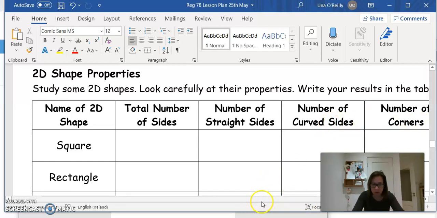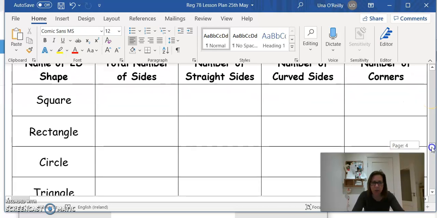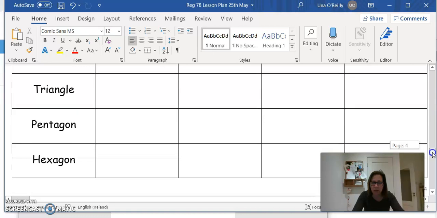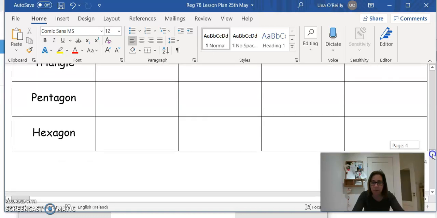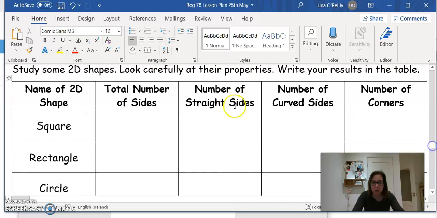So let me flick over to the bottom of this as well. Yeah, number of corners, okay? In each of the shapes listed here, a square, a rectangle, a circle, a triangle, a pentagon, and a hexagon. So you can give that a go. I'll just tell you off the top here. The number of sides in a square, you know, is 4. Number of straight sides is 4.